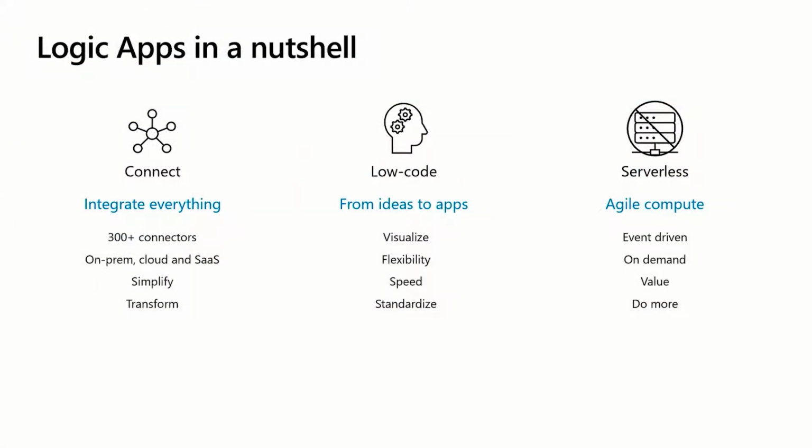To summarize the main components, connecting everything together is one of the key things. So it has a range of 300 or more connectors to things we use every day, and more as part of the applications we build. So things like connecting to SaaS services, software as a service.